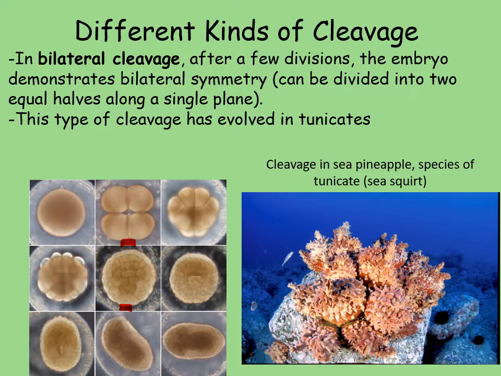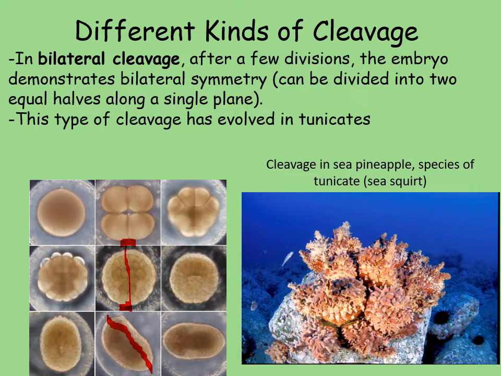So you can pass this plane through the embryo, and you'd have the same thing on both sides. But there's definitely a front-back orientation to this. And if you look a little bit farther, you get an embryo that's elongated, so really there's just the one way you can pass a line through the embryo.